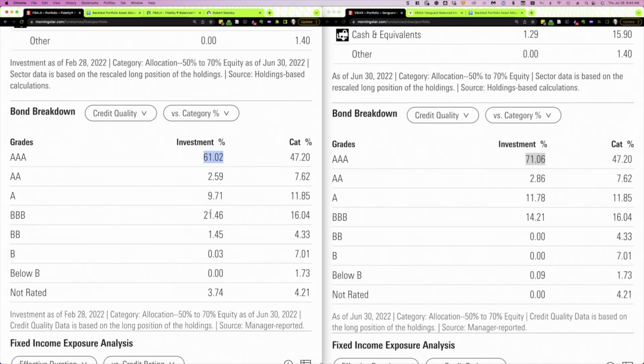When we get to the BBB, the bottom of investment grade, Fidelity's goes up to 21.5% versus Vanguard's just 14%. And then, while it's not a big number, Fidelity does have some junk bonds and not rated bonds here. As a practical matter, Vanguard doesn't have any of those. And so the bond portfolio is significantly different between these two funds.